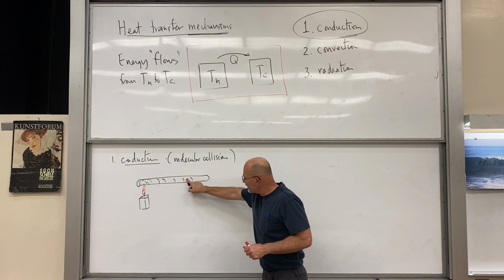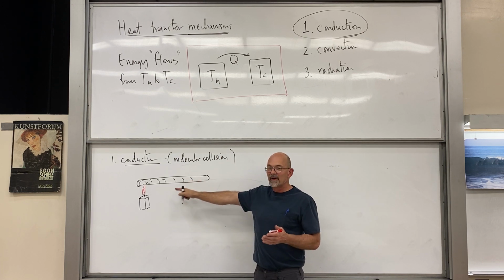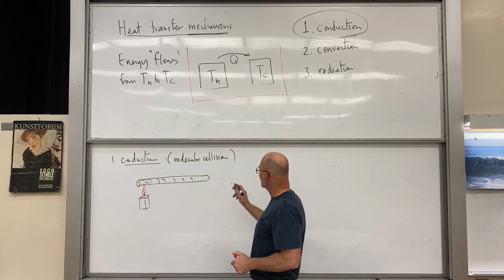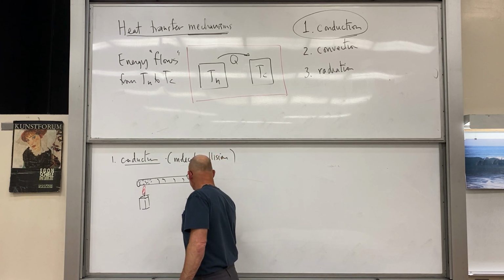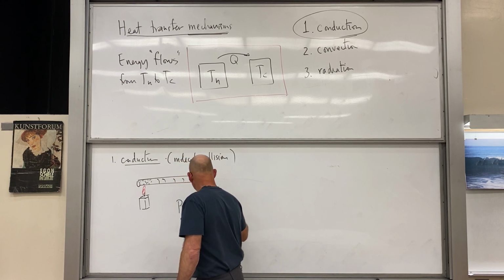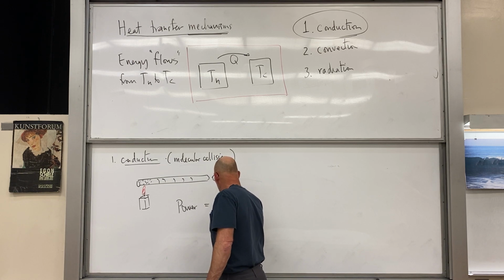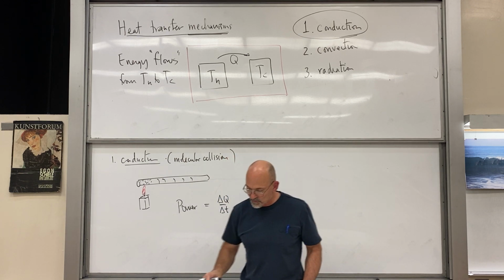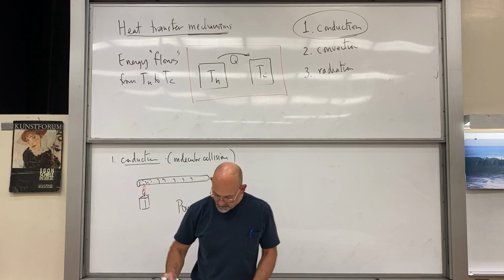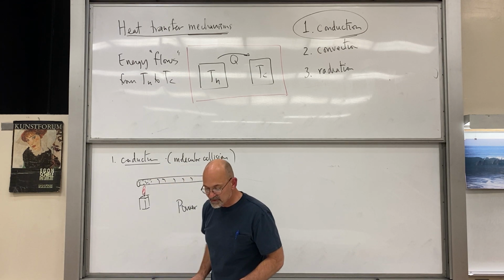So there is a material constant specific to the different metals, and I'll give you the formula for the power that's transmitted thermally, which is delta Q over delta T. Let's see what letters we're using today. K, that's right.